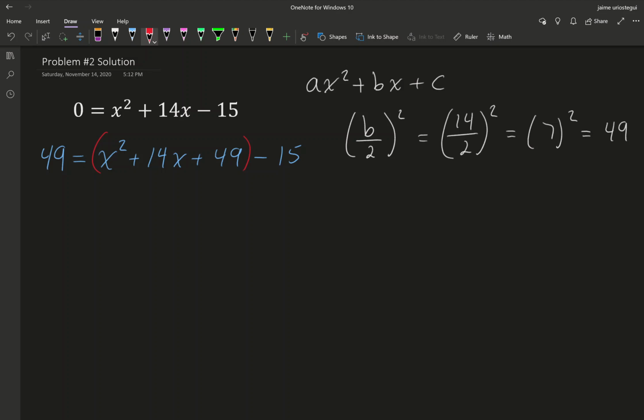And whenever we get a perfect square trinomial here, which is what's always going to happen when you complete the square, you can use the shortcuts that we learned previously for factoring a perfect square trinomial and just put it in factor form.